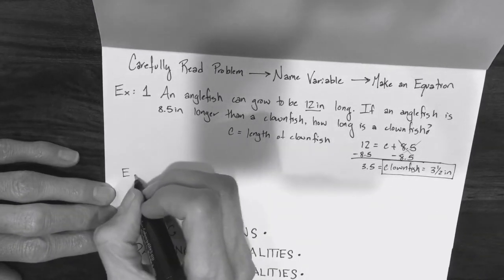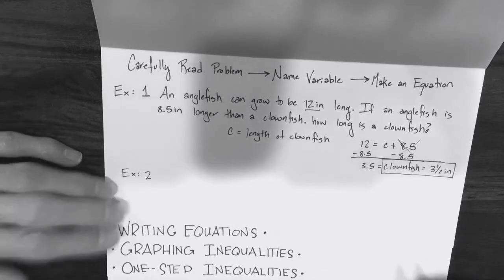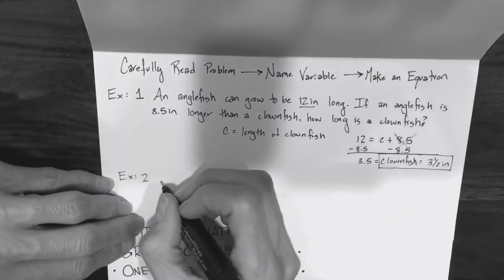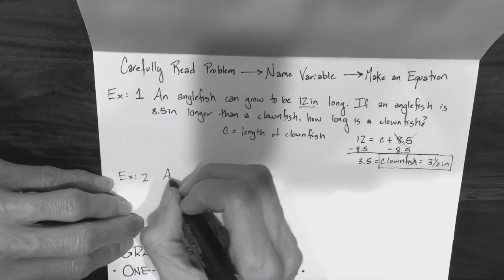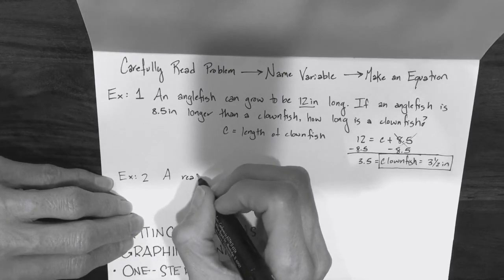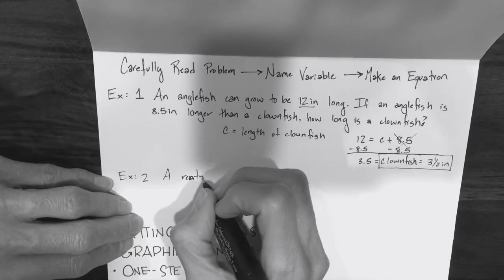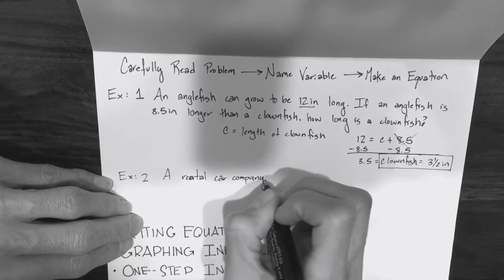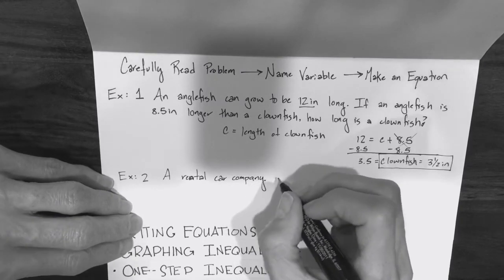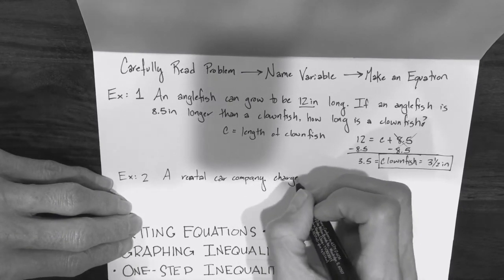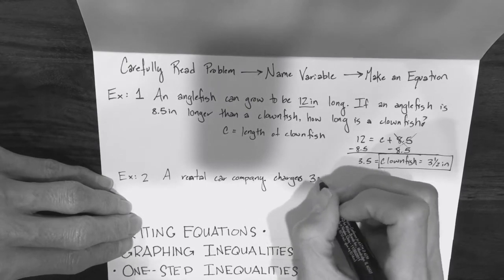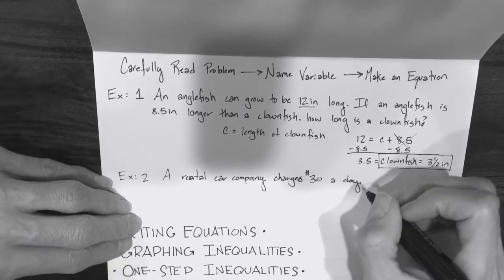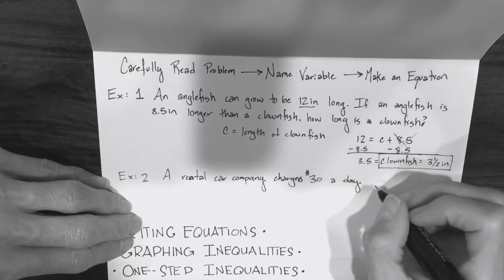This time we are going to have a two-step equation to create. So here's the problem. A rental car company charges $30 a day, plus 5 cents per mile for gas.